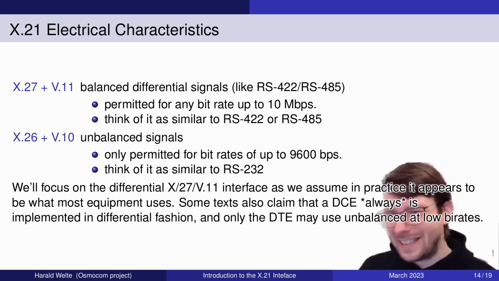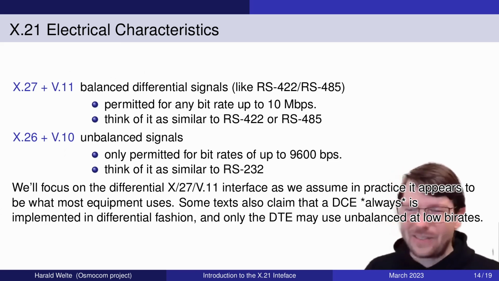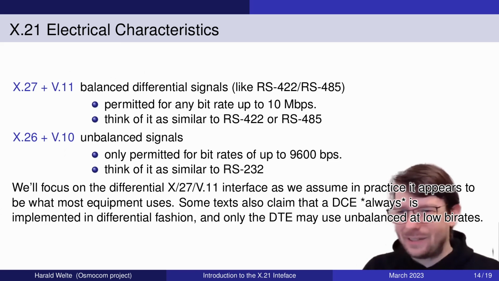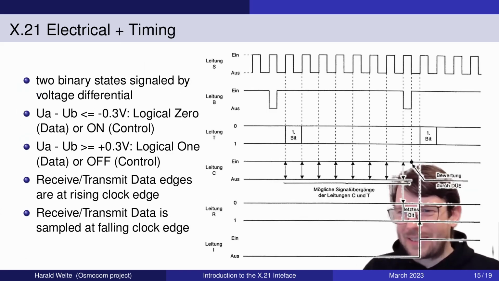So it looks a bit like a nightmare. I'm not sure why they specified two different ways. It's probably country A said, well, we want this, and country B said, we want the other. Maybe Germany and Japan, I don't know. I think European countries and Japan were quite involved in those specs.